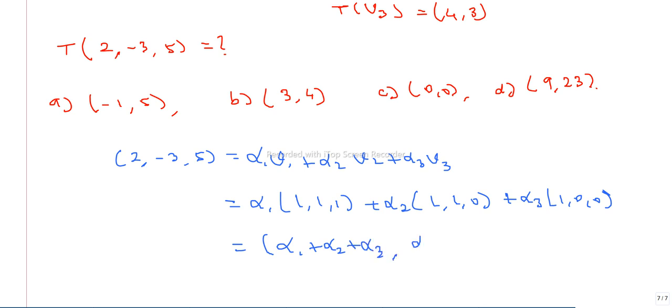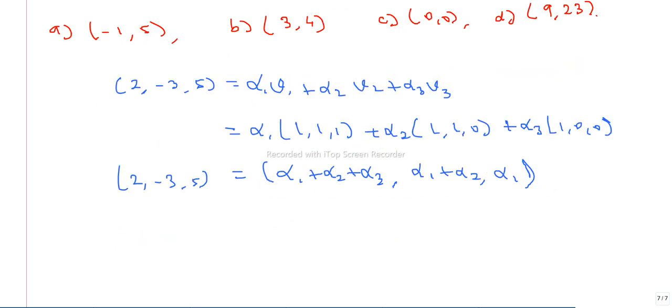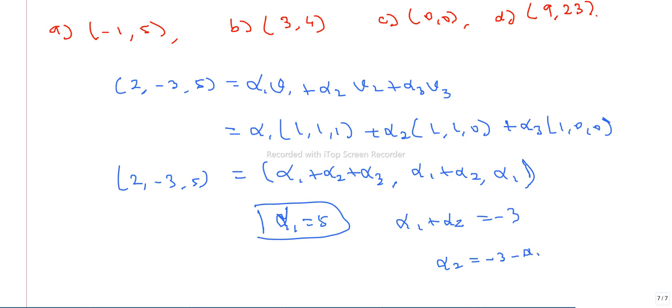The second coordinate should be alpha 1 plus alpha 2. The last one is alpha 1 only. Now this is equal to 2 comma minus 3 comma 5. If you compare the coordinates, we get alpha 1 should be 5. Now compare the second one, alpha 1 plus alpha 2 is minus 3. Therefore alpha 2 should be minus 3 minus alpha 1, therefore minus 8, because alpha 1 is 5.